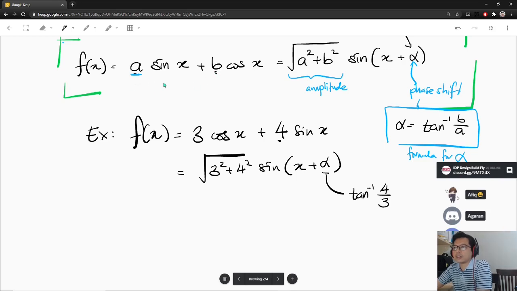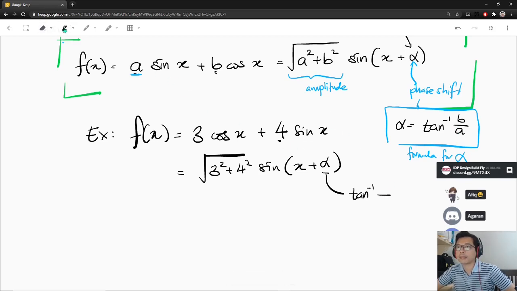Wait a second, I'm kind of confused right now. A is supposed to be the value of 3. No, it's not, a is the coefficient of sine, which is 4. So following that, it's b over a, which is 3 over 4. Yeah, that's correct. So you've got to find that.